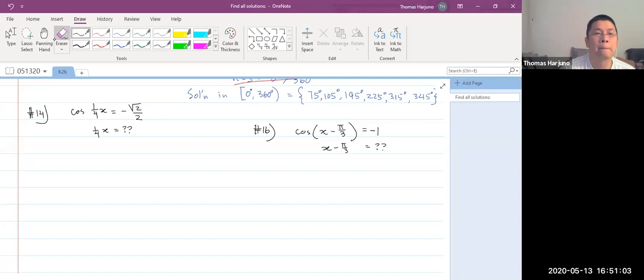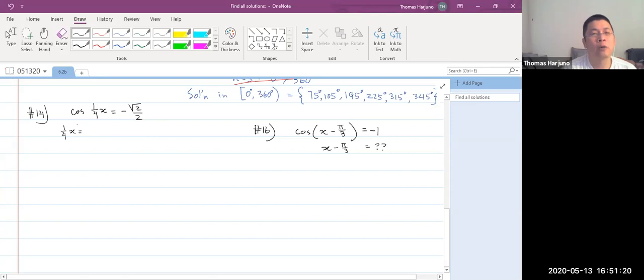Okay, let's start. Cosine is negative in quadrant 2 and quadrant 3. So one-fourth x has reference angle pi over 4: in quadrant 2 it is 3 pi over 4, and in quadrant 3 that will be 5 pi over 4, plus 2 pi n.